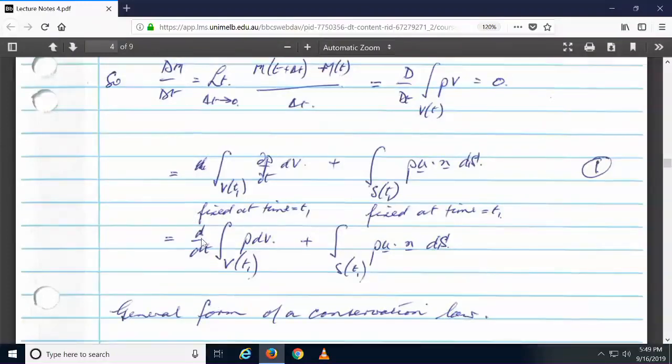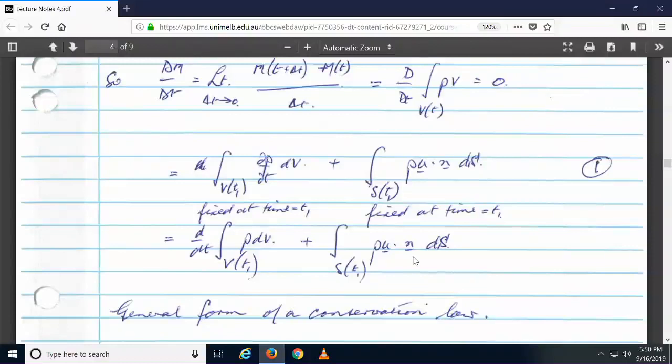the equation reduces to the rate of change of the mass in the volume initially at time t1 plus the flux of mass out. And that's obvious, that the mass can't change, but the mass in the volume will go down if there's a flux out.